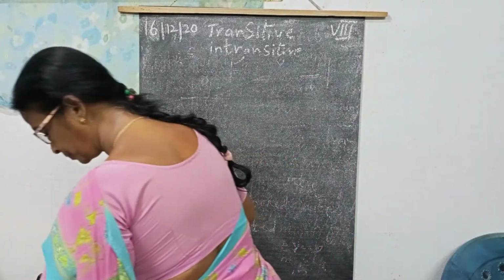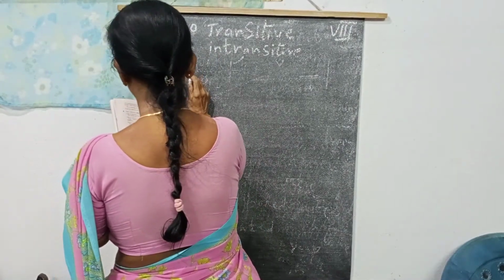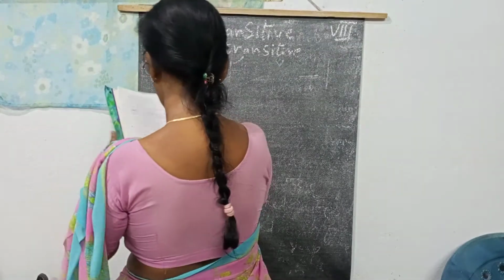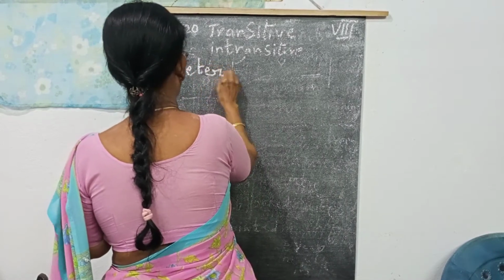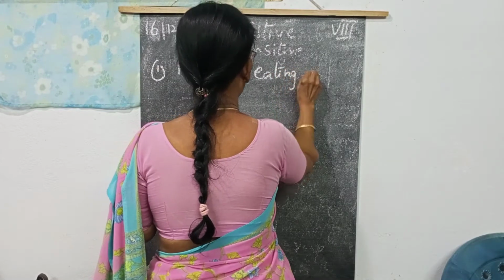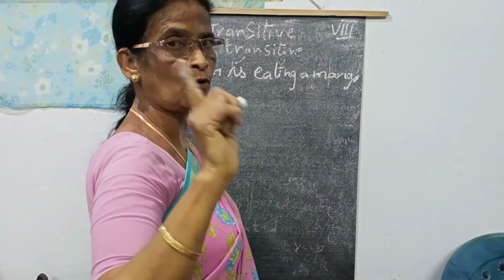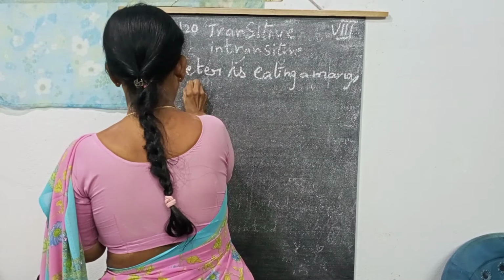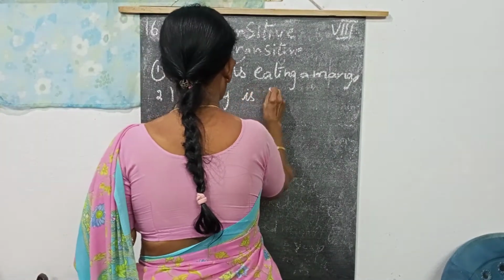Okay, number one: Peter is eating a mango. You have to write only transitive or intransitive. Second one: Pinky is sleeping.